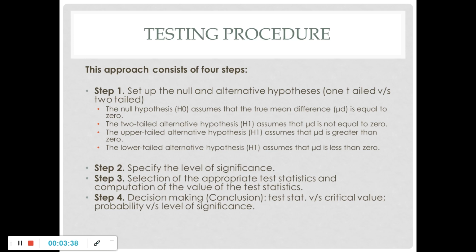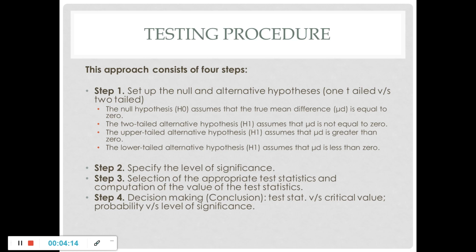The first step is, of course, specifying the null and alternative hypothesis. The null hypothesis assumes that the true mean difference is equal to zero, and you have three alternative hypotheses. One is for the two-tailed test, which assumes that the true mean difference is not equal to zero, and you have the upper-tailed alternative hypothesis, which assumes that the true mean difference is greater than zero.